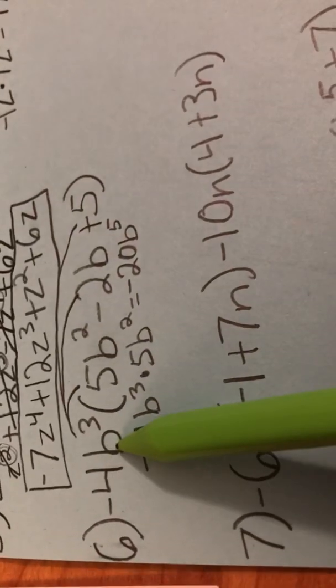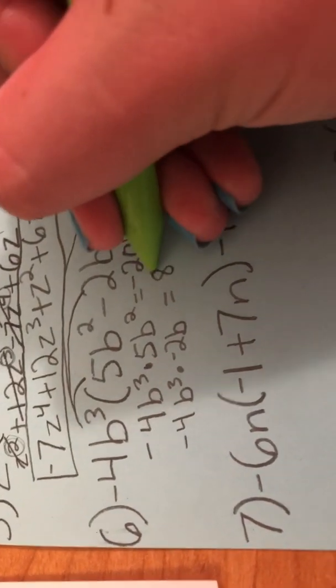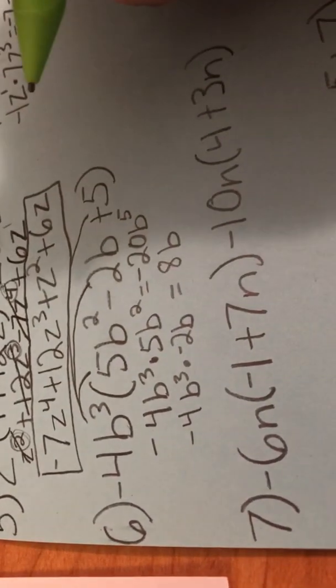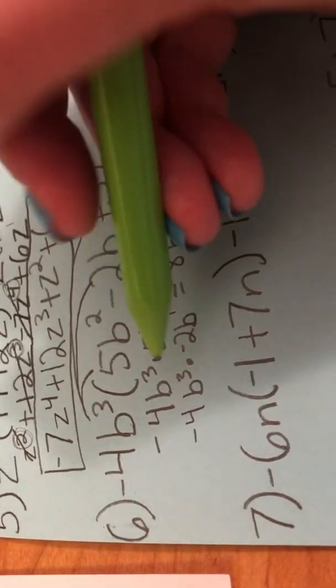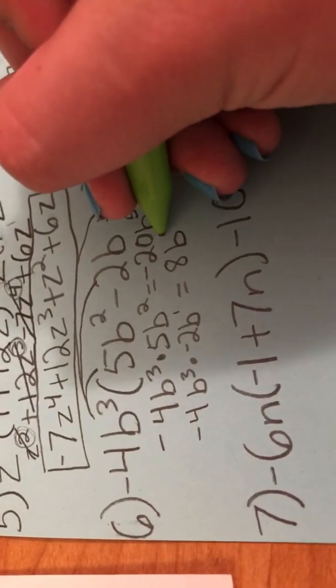My next multiplication, or distribute, is negative 4b cubed times negative 2b. So negative times a negative is a positive, and 4 times 2 is 8. My b stays, and I've got an understood 1, so I have 3 plus 1, which is 4.